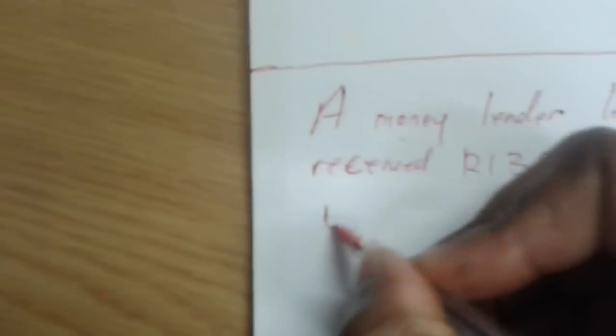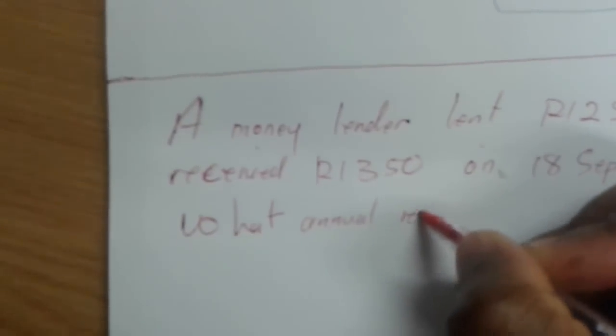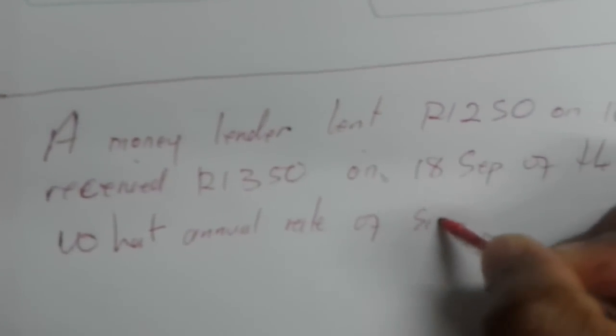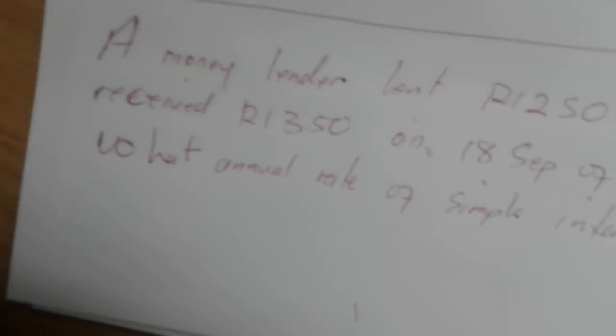So the question is, what annual rate of simple interest did he charge? Okay, so quickly we want to look at this question and see how exactly we are going to calculate this.